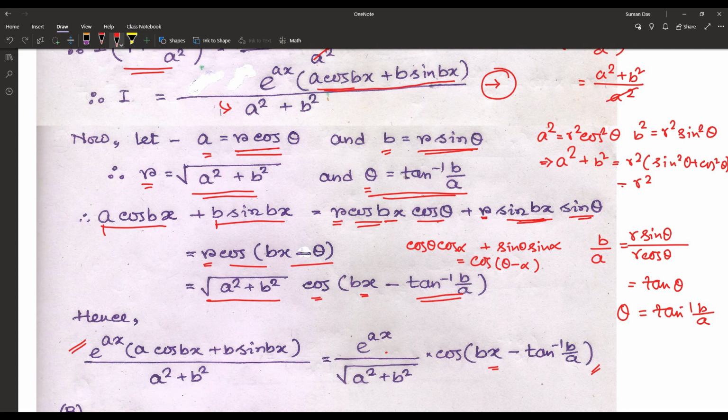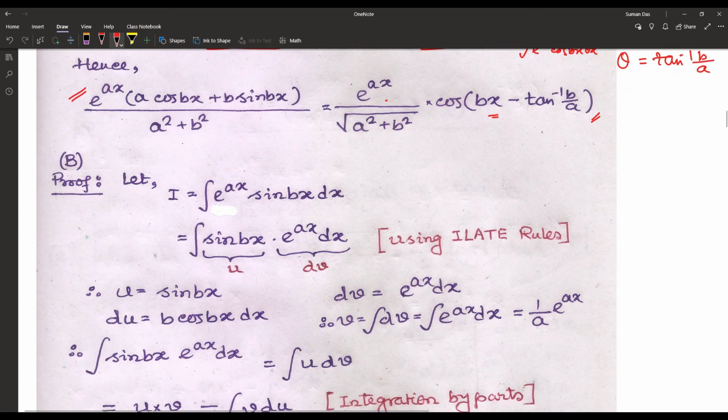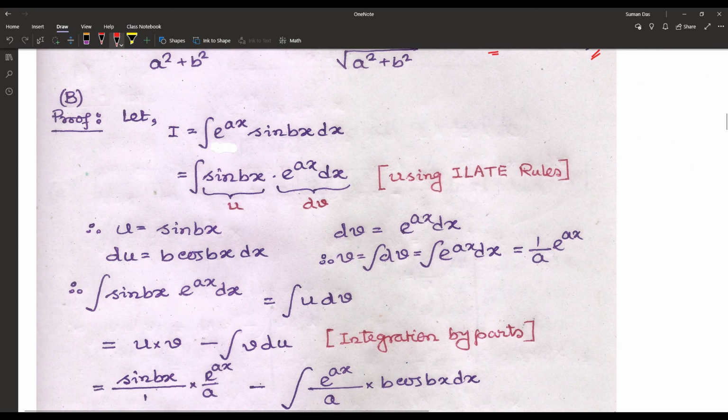That one is the integration of e to the power ax cos bx dx. Now the second formula is the integration of e to the power ax sin bx dx. It also has two options as an answer.